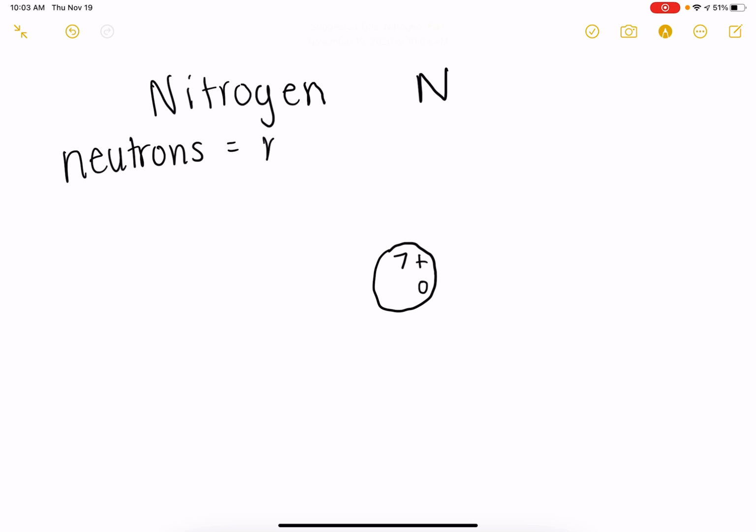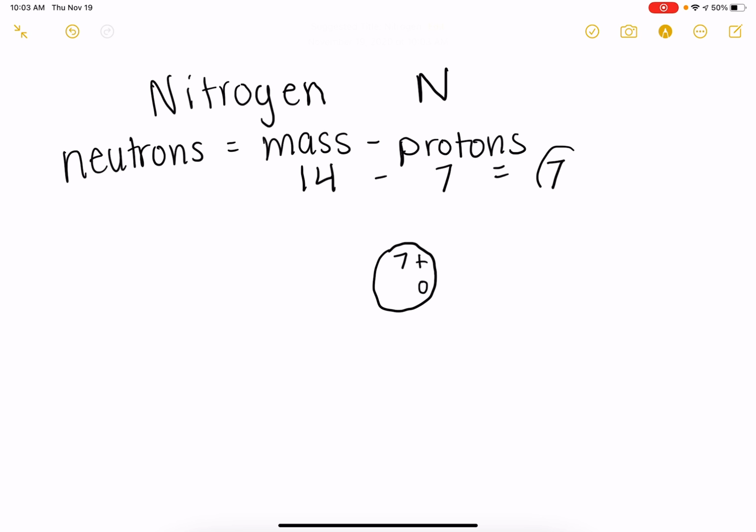Neutrons is your mass minus your protons. And for nitrogen, the mass is 14 and the protons is 7. So 14 minus 7 gives us 7. So our neutrons is also going to be 7. All right?